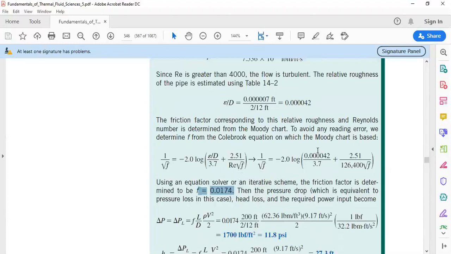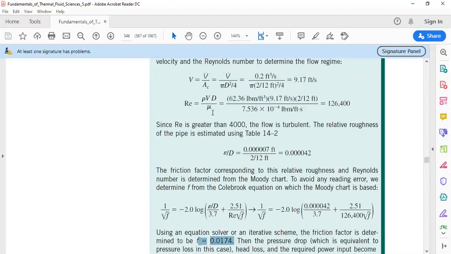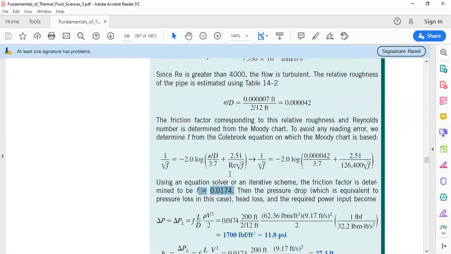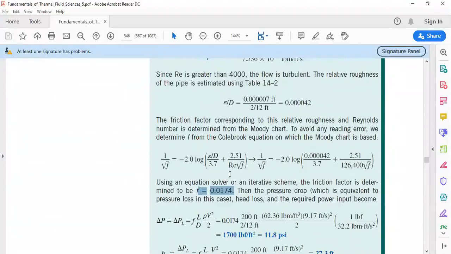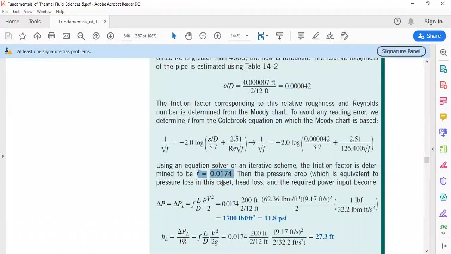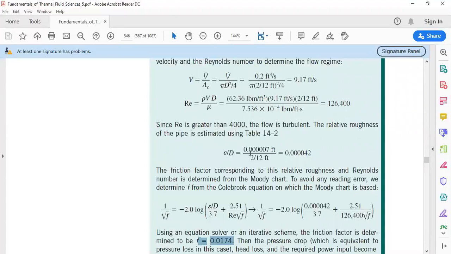we can simply go to the Moody chart and get the friction factor. Since we know the Reynolds number and the relative roughness, we can calculate the friction factor. We may check how to use the Moody chart, since the relative roughness and Reynolds number are unitless, so we can still use the Moody chart.